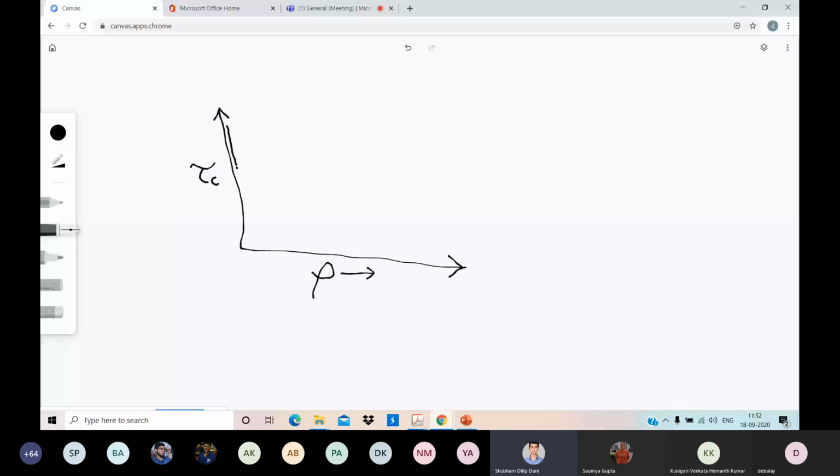After some significant amount of dislocation, there will be interaction between the dislocations, hence the shear strength will again increase. Can you follow the plot? Yes, sir.